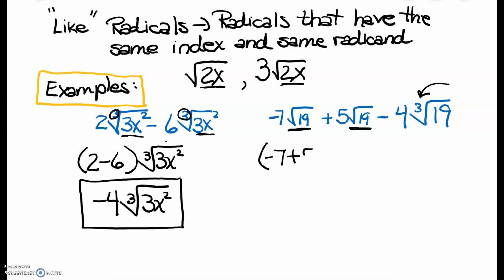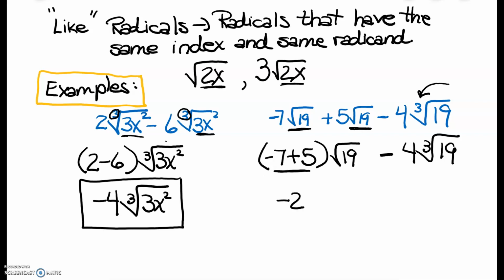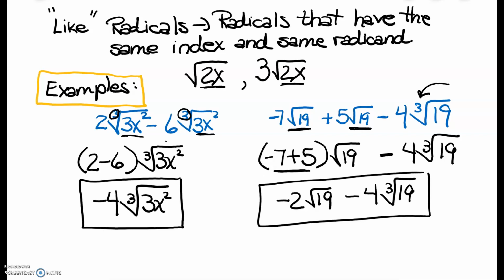Negative 7 plus 5 times the square root of 19, and we still need to subtract this last radical. It can't be forgotten. So when we add these two numbers, negative 7 plus 5, we get negative 2 square root of 19 minus 4 cube root of 19, and that is our final answer.